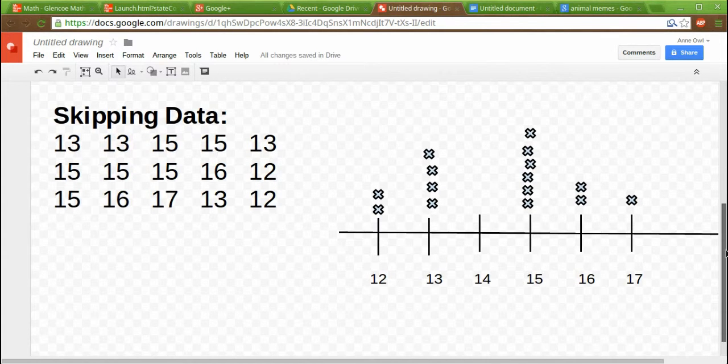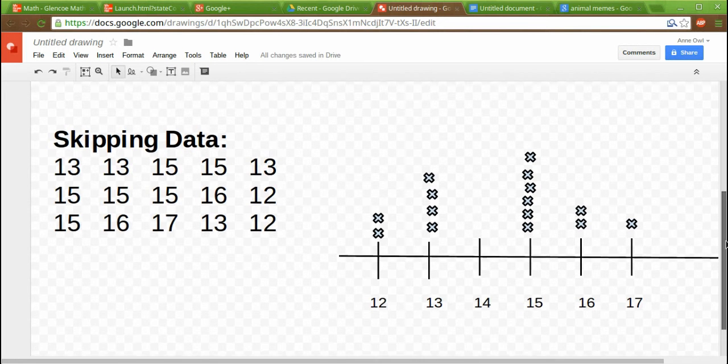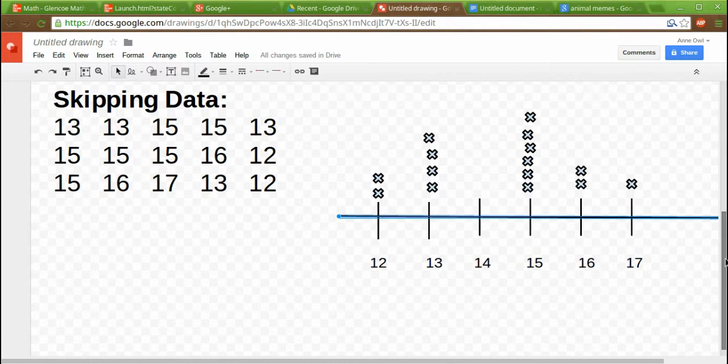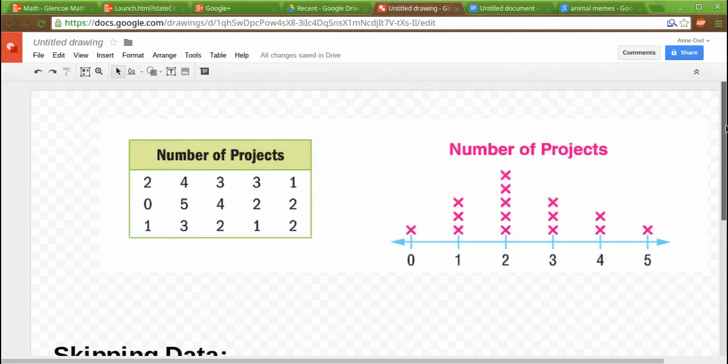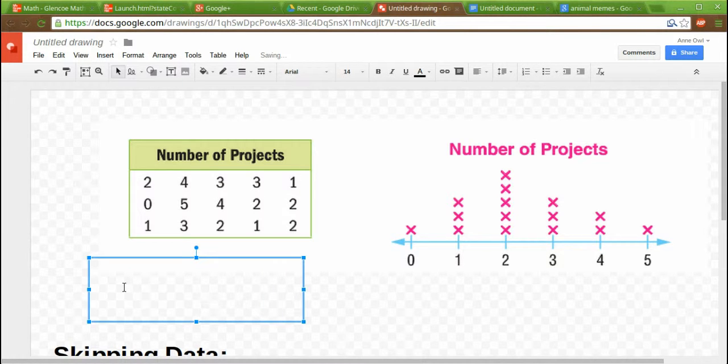So now that we organized our data, let's talk about how we can interpret it. Line plots actually make finding mean, median, mode, and range really easy. It's very neat. Let's go back and look at our project data and interpret this. The first thing we're going to do is find our range.